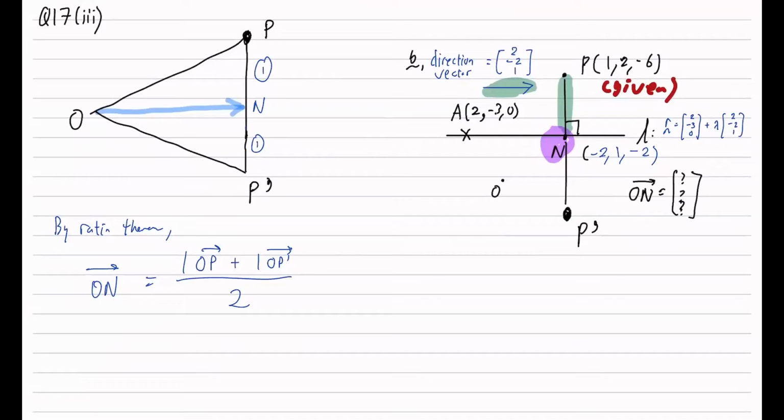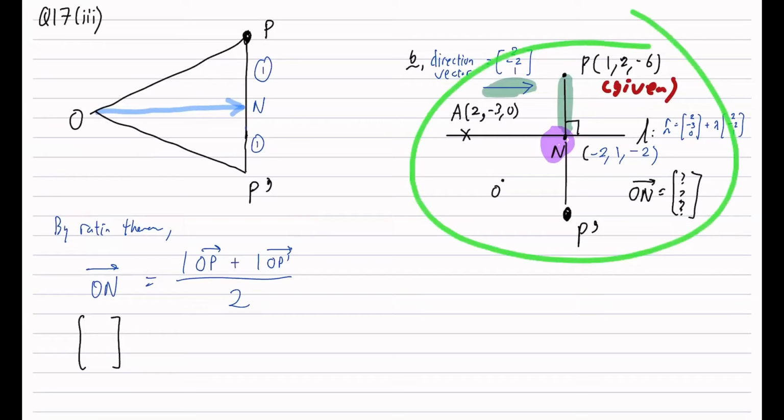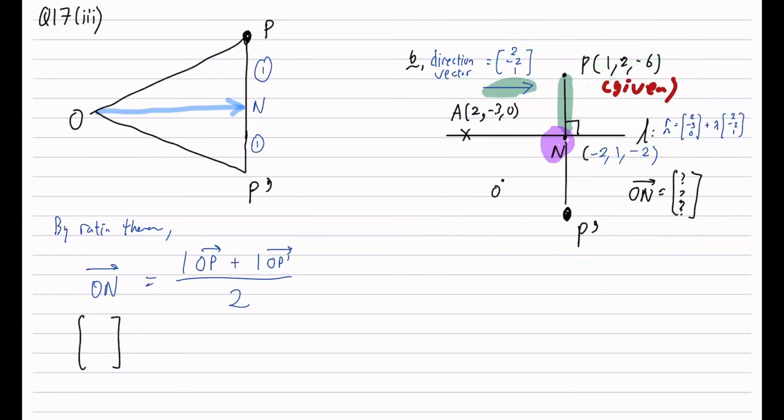The ON and the OP. ON is what? ON is (-2, 1, -2). Good. Equals? OP is (1, 2, -6). Good. Plus the vector OP prime over 2.